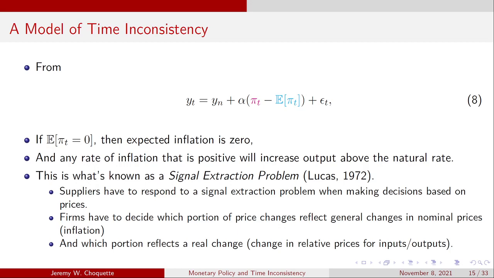I have to look at this and go, all right, is the price of the microphone going up because of inflation, or is it going up because of something else? If it's something else, that will be determining whether or not, if you are a microphone producer, you want to produce more microphones. But if you're just seeing an increase in inflation and you don't think that there's any real change in relative prices for microphones relative to all other goods, it's a different situation. You're probably not going to want to make more microphones.